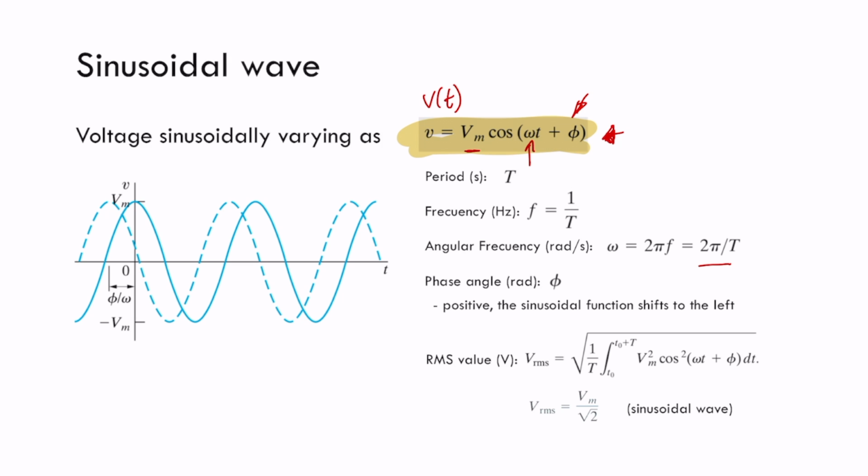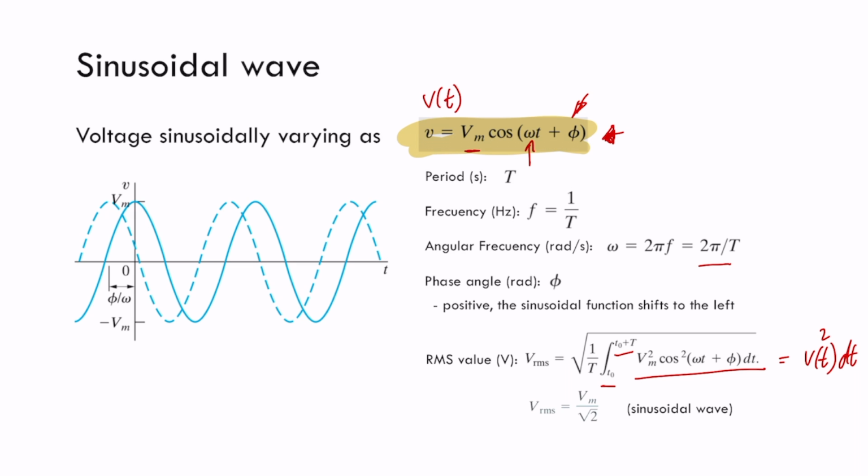Basically we take the integral over one period, from some reference t0 up to t0 plus T, when we complete one period, of this v(t) signal to the square, of course. So we integrate the square of this value and then we take the square root. Of course, we normalize.